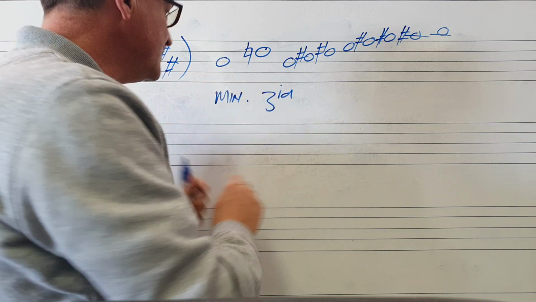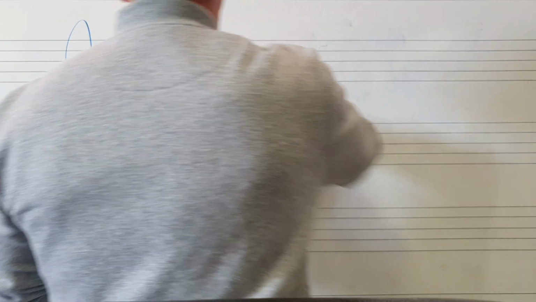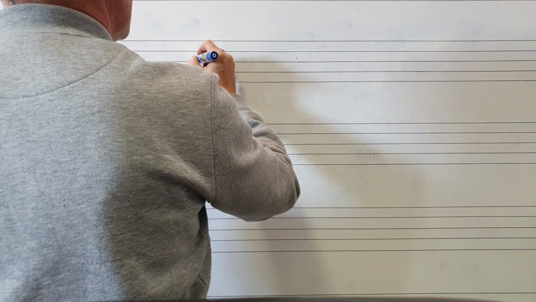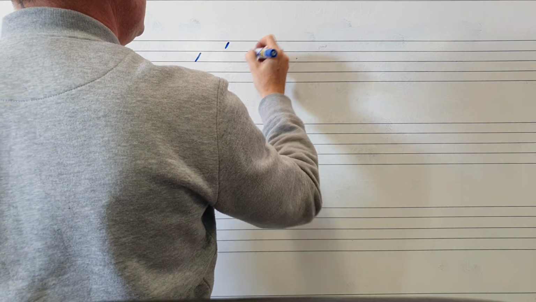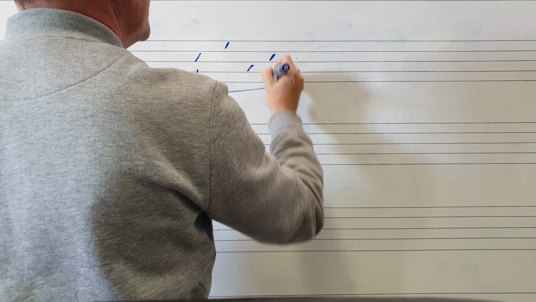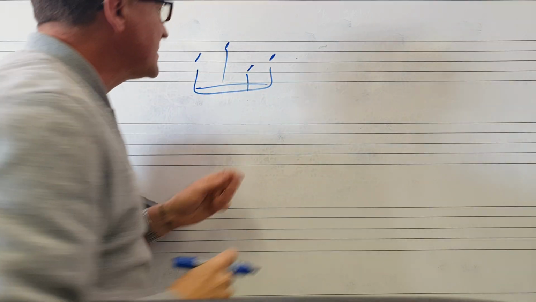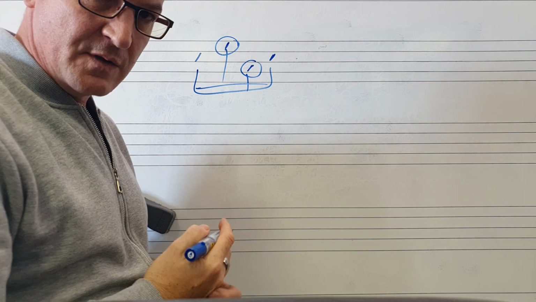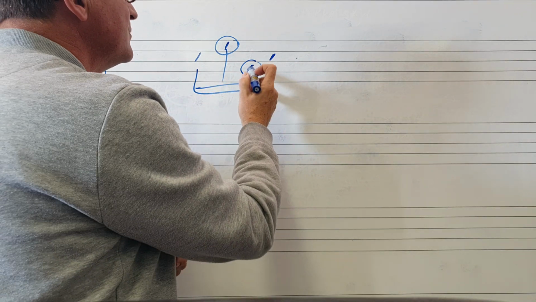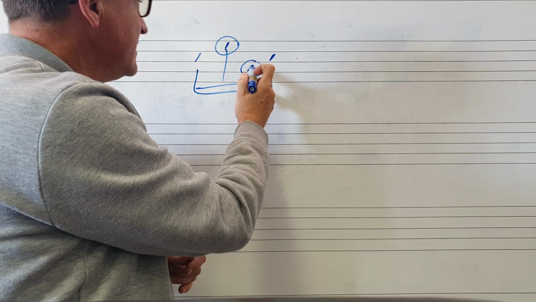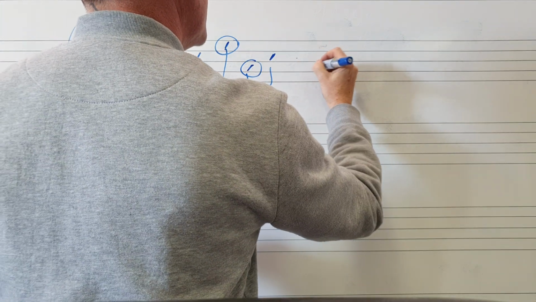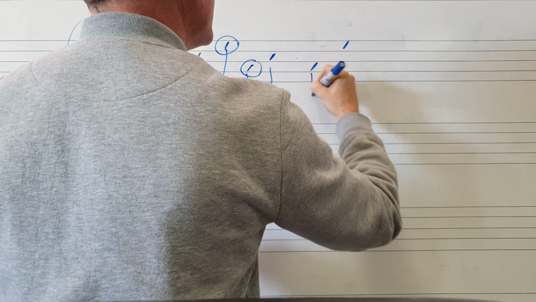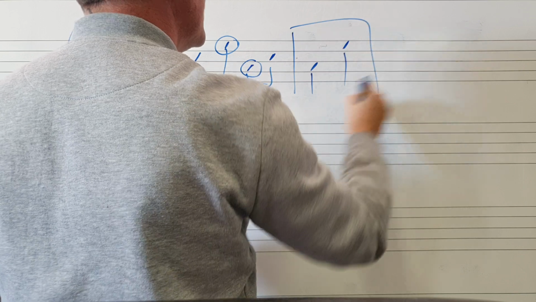I isolate the two notes. You'll sometimes find that you have a question that looks like this. Something like that. I'm not sure if my stems are correct, but you'll have something like that, and I'll say, what is the interval between these two notes? And what I do is I always take the bottom note as the reference, as the key, and then on a rough piece of paper, I'll isolate these two notes like that, and I'll say, that's what I'm working with.